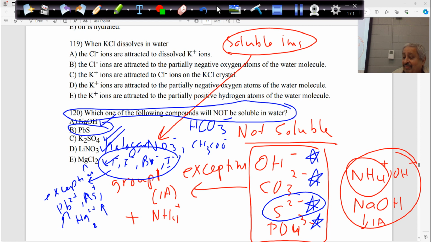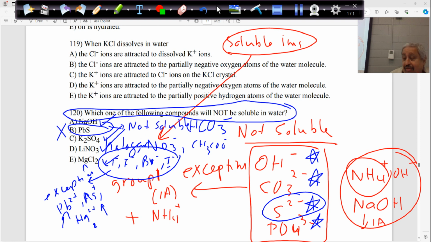See here? Sulfides in general are not soluble, except if they connect to 1A or ammonium. Sodium sulfide is soluble, but the other one, lead sulfide, is not soluble. This is not soluble. Okay, guys?